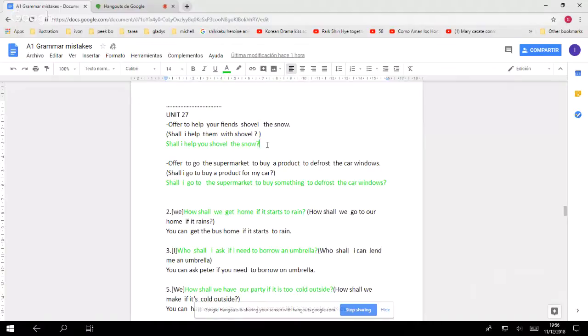In this case you are talking about a specific thing, so you use the article the. So, shall I help you with the shovel in the snow.